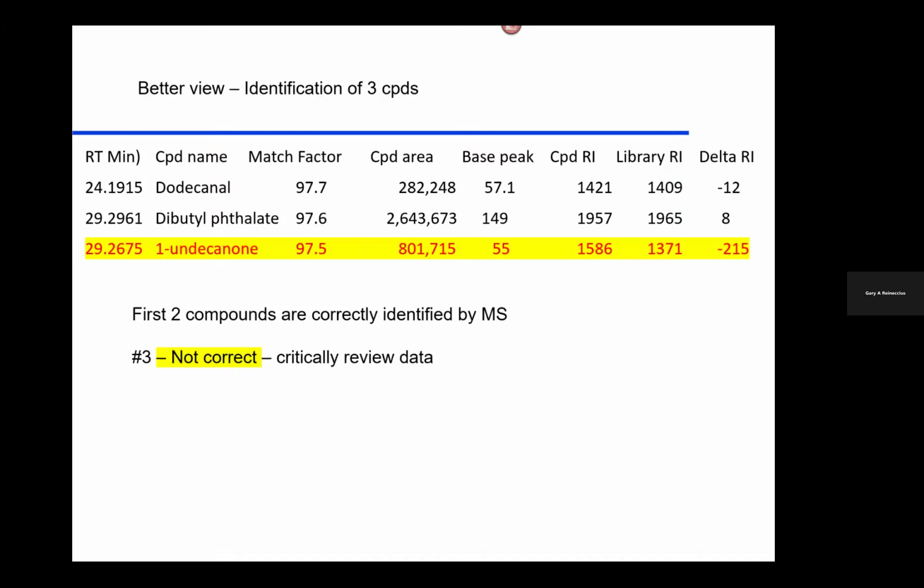But I would say plus or minus 20 is still pretty comfortable. 100 would definitely be too much. That would be bad news, and it's probably not correct. Then you go in and take a look at it. Maybe it's not of interest, so you say, oh well. But if it's really what you're interested in, you're in trouble on number 3.